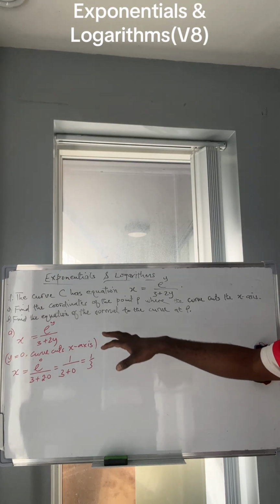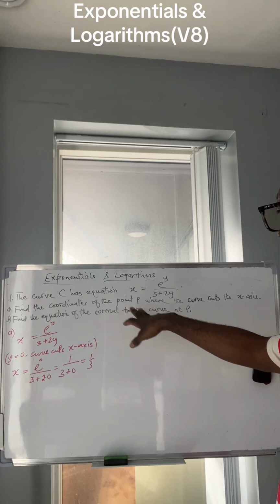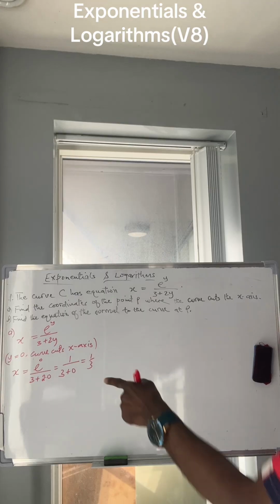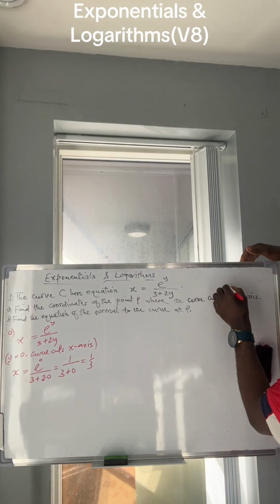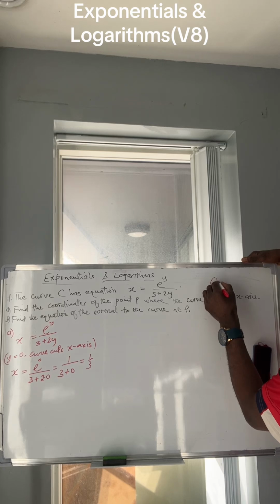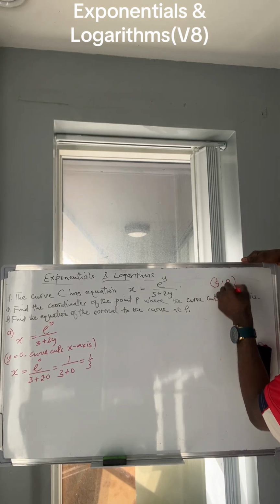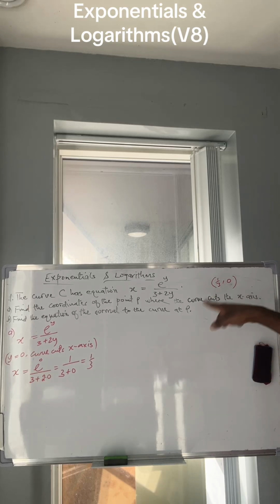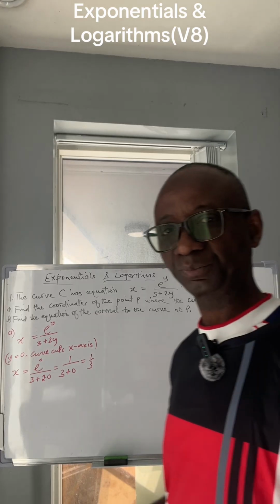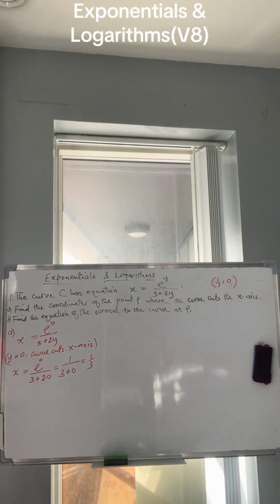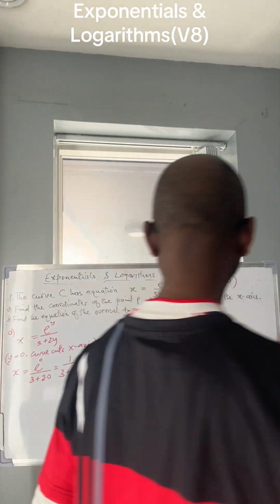The coordinates of the point P where the curve cuts the x-axis are x, which is 1/3, and y is 0. At x equals 1/3, the curve cuts the x-axis. So number 1 is solved.